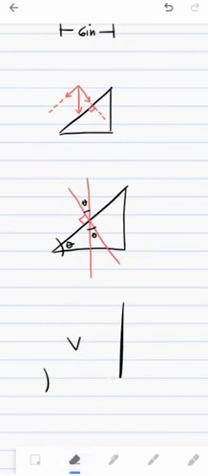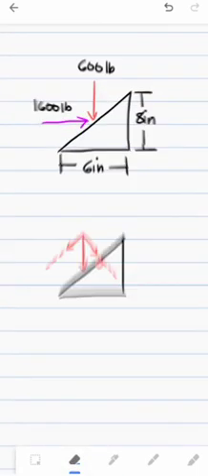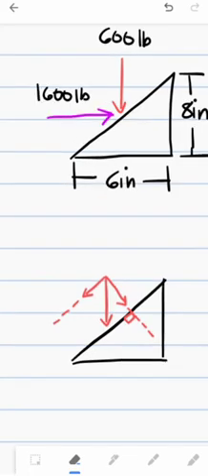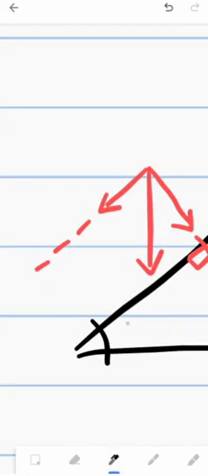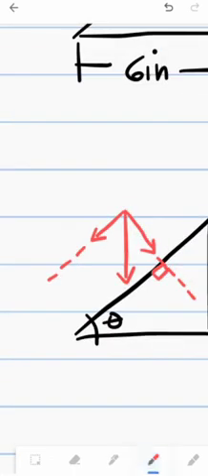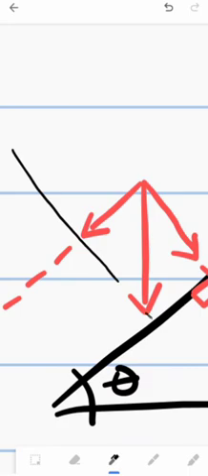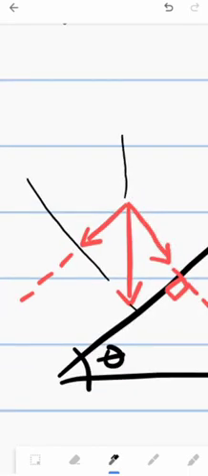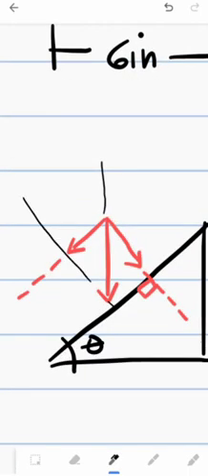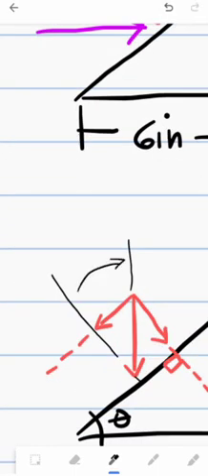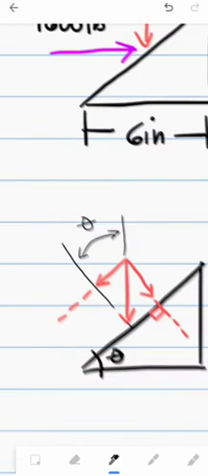Going back to our given problem right here, if we apply that idea to our example, if this is theta, then let's draw another line, this one, a perpendicular line right here. And this, you can see, is the vertical line due to the line of action of this 600 pound force. And we can say that this is equal to theta.